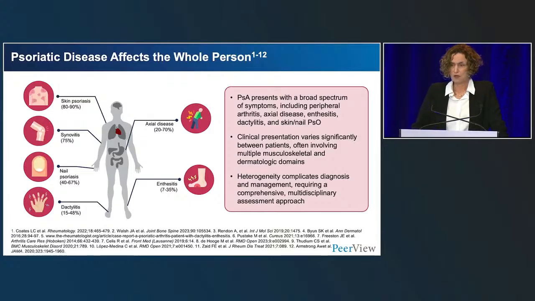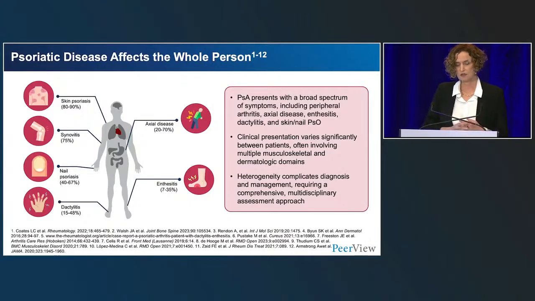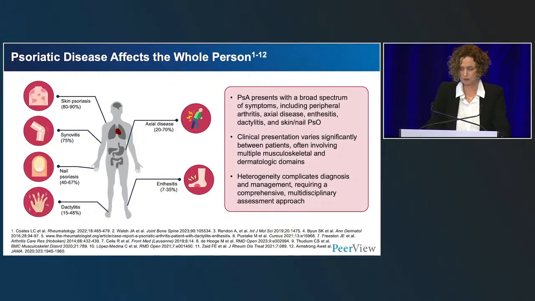So as Philip alluded to, psoriatic arthritis, as you all know, is a very heterogeneous disease with different musculoskeletal manifestations, skin, nail, axial disease, enthesitis, dactylitis, and this makes this condition very heterogeneous, very interesting, but also quite challenging to manage because we have to take into consideration all of these domains and each patient looks different.